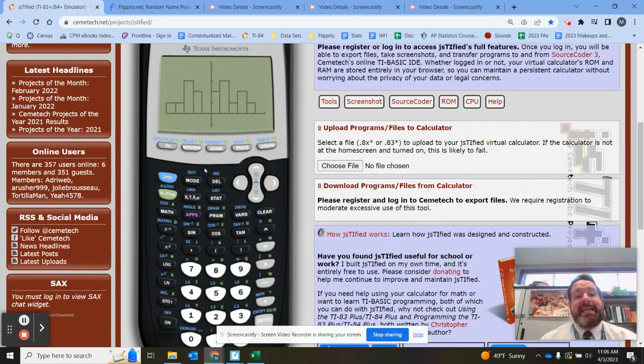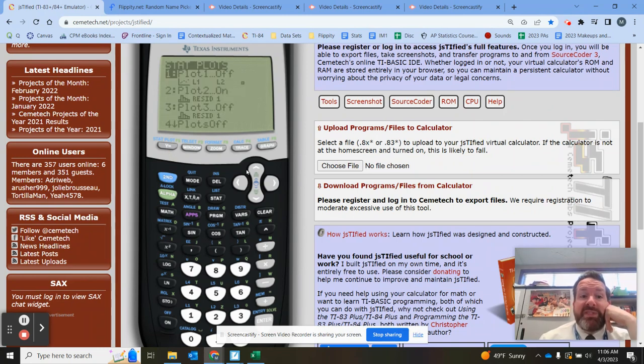Okay, next up is the E. Do we have essentially the same standard deviation everywhere? Let's look at a residual plot. Let's turn the histogram off, and let's turn a new scatter plot on. I want the X's to be L1. I want the Y's to be the residuals. And let's see what we got.